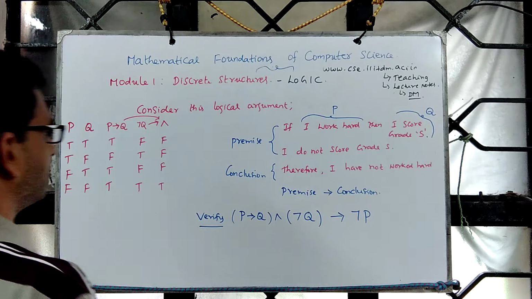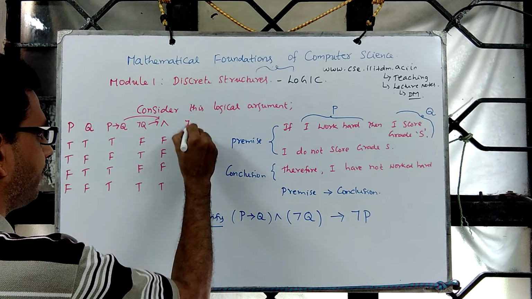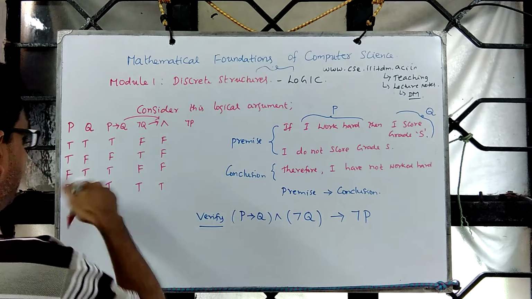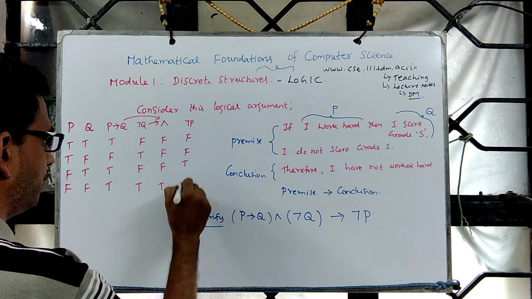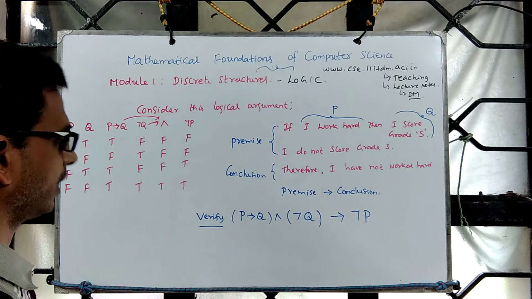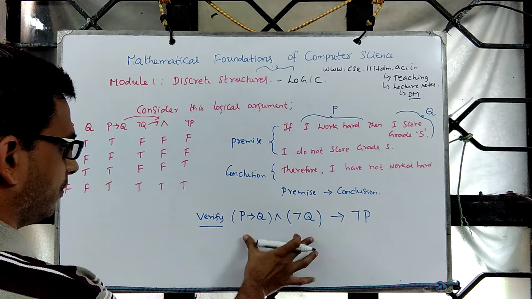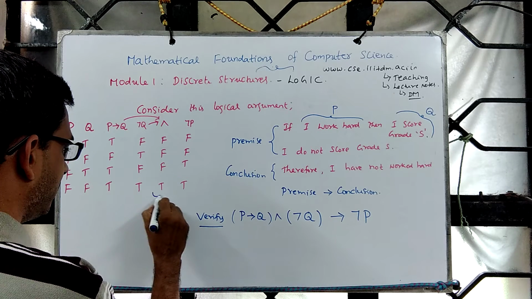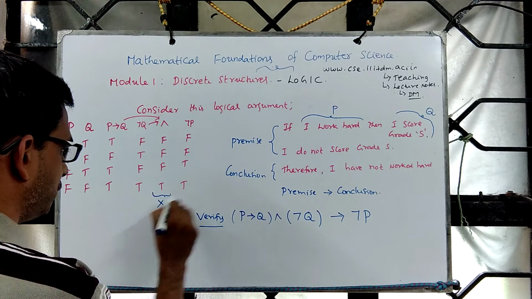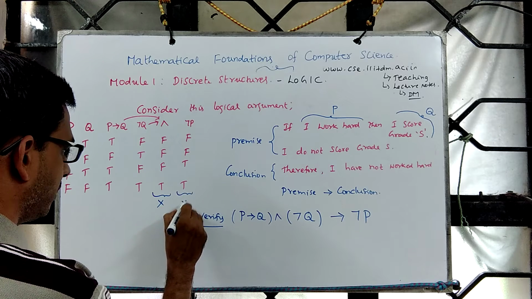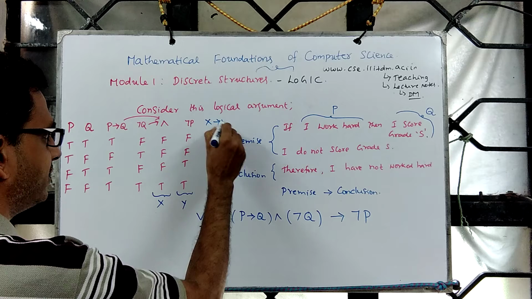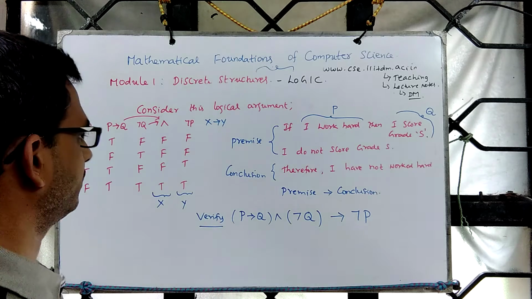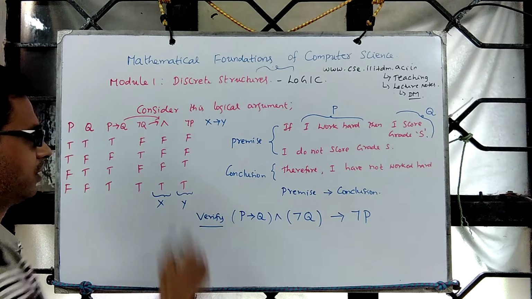Next one is negation P. Negation P is false, false, true, true. Then what is it that we want? Let me assume this to be X and this to be Y. We want to know whether X implies Y or not. Correct?